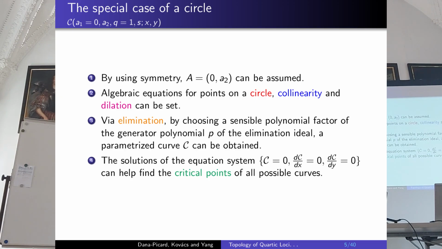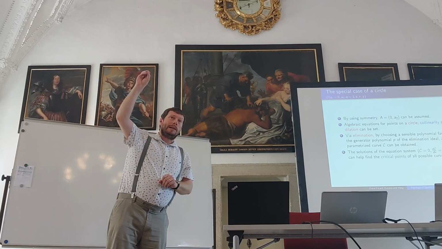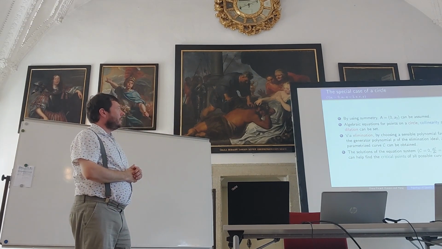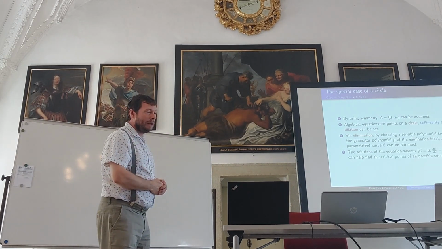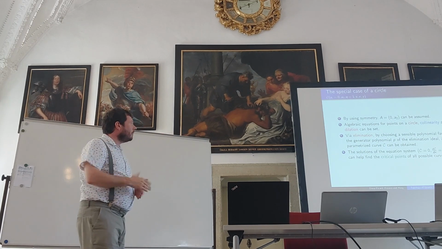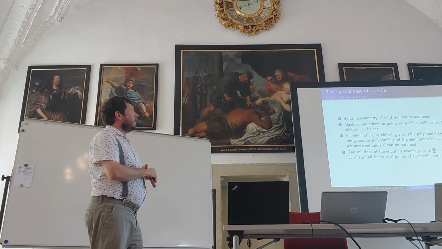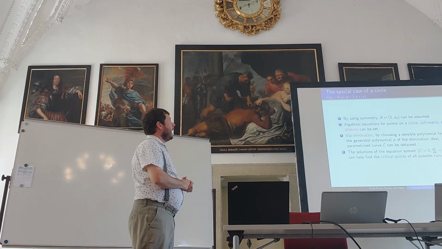Okay, so how to handle the situation? Mathematically, we do some algebraization. First of all, if we consider a special case of the problem, we can assume that we have a circle and we can put point A on the y-axis. So this is a special case, and we can simply define the equations for the circle, for the collinearity, and for the dilation, and then via elimination, which I think is well known among many of you, we can get an elimination ideal.